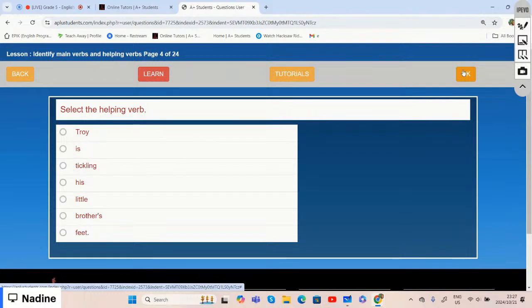All right, it says, Troy is tickling his little brother's feet. What is the main verb first, before we even identify the helping verb? Troy is tickling his little brother's feet.